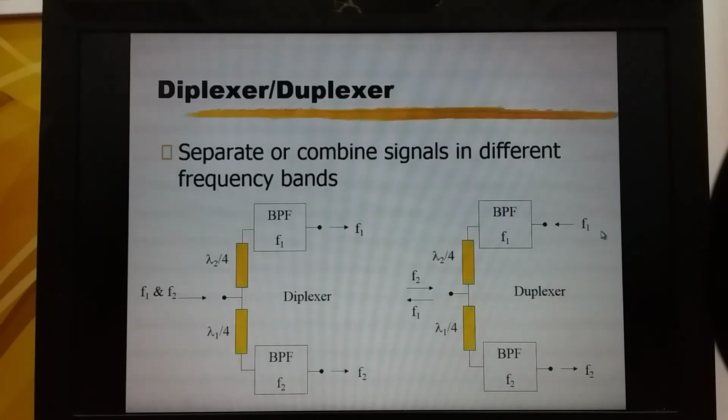We can connect the transmitter F1 to this terminal. The signal will be transmitted to the output and not to this third terminal, which is connected to the receiver. But when the antenna receives a signal with a frequency of F2, this signal will be transmitted to this second channel due to this bandpass filter with a center frequency of F2.